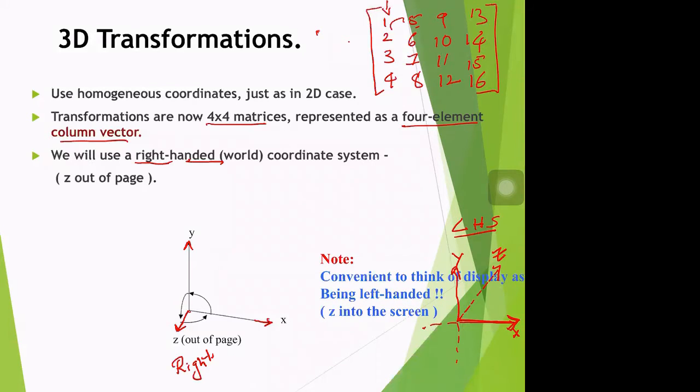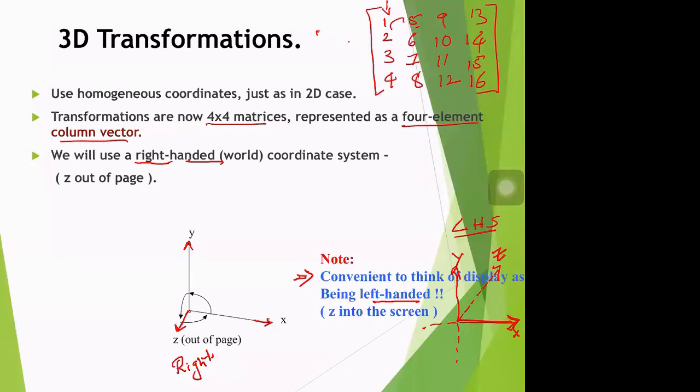But please note, when you are executing this on the screen, or when you're typing your programs, see to it that the left hand side will be a better option, because an object placed away from you on the screen will be analyzed better compared to the right hand side.